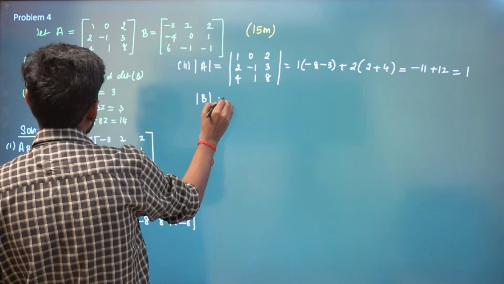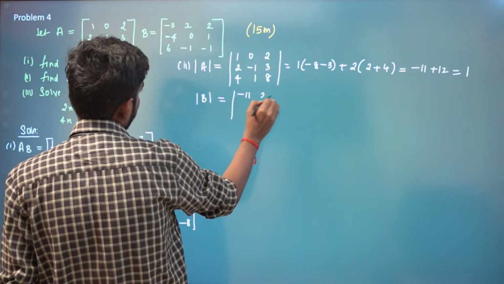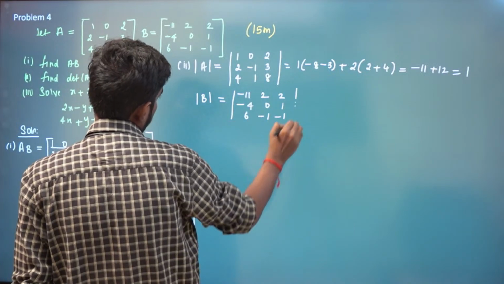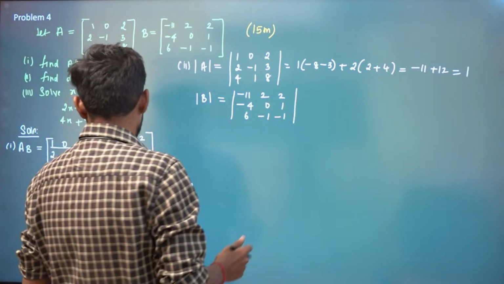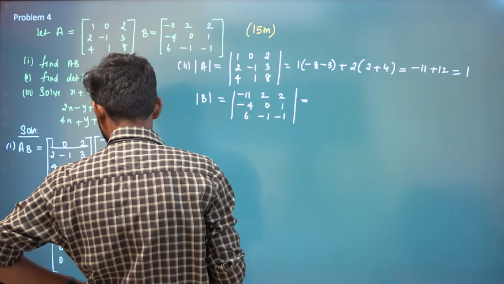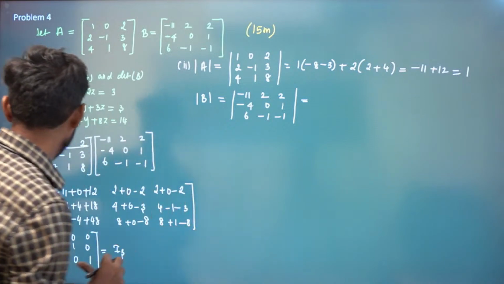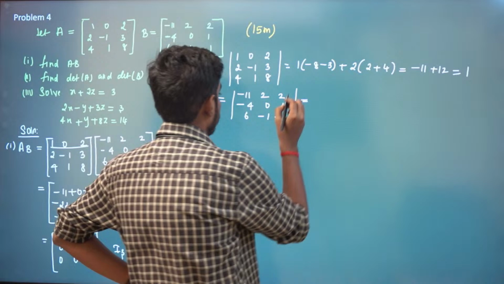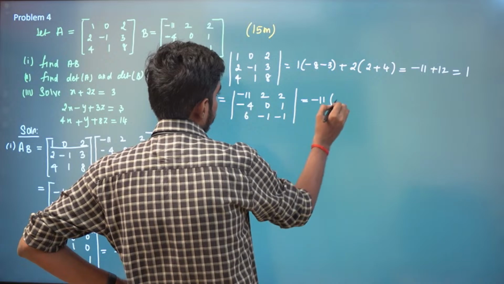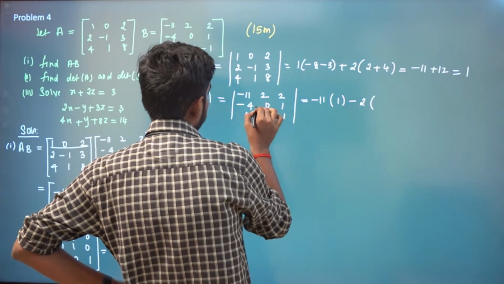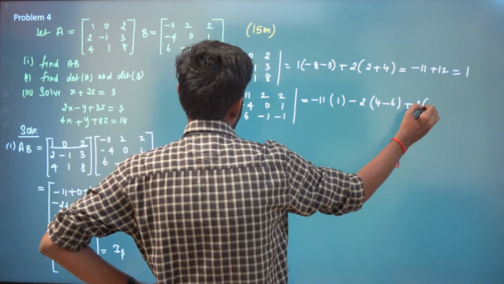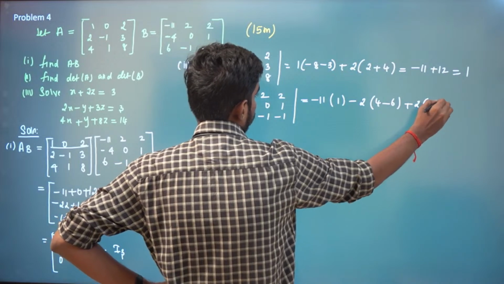And also we find the determinant of B. So the determinant of minus 11, 2, 2; minus 4, 0, 1; 6, minus 1, minus 1. So this is equal to what? This will be minus 11 times 0 plus 1, minus 2 times 4 minus 6, plus 2 times plus 4.